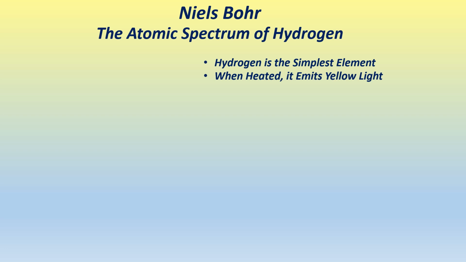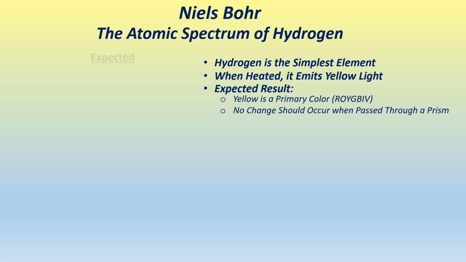Very simply, Niels Bohr heated up the hydrogen, and what he expected to happen was as follows. Since yellow is a primary color, passing it through a prism should give you no effect whatsoever. Prisms turn white light into the various colors, but primary colors should just be refracted and come out the other side.